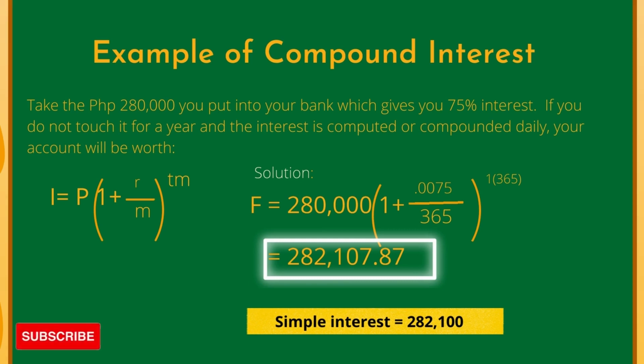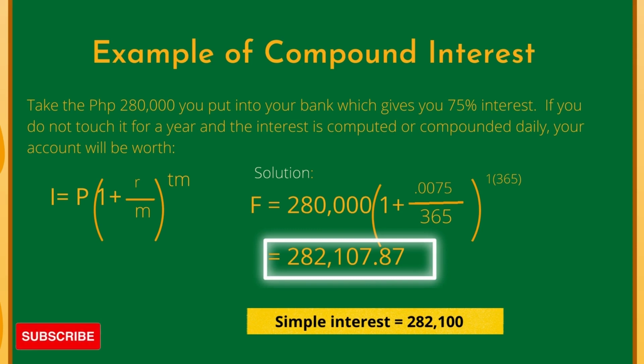So if you're going to use the formula as mentioned earlier, the solution will be 280,000, this is your principal, times (1 + the rate, which is converted to decimal, 0.0075, divided by 365, which is the number of days per year), raised to the power of 1 times 365, which is your TM. So this would give you 280,107.87.